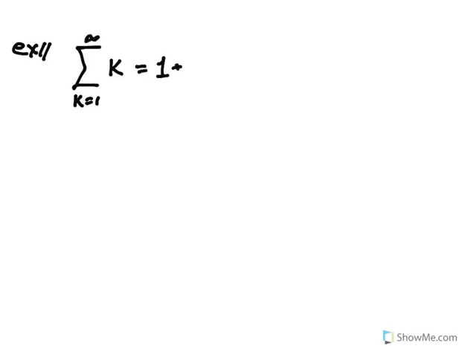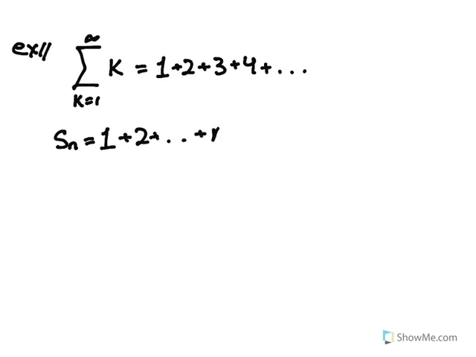So this is just 1 plus 2 plus 3 plus 4, and so on. In this case, the partial sum S_n is equal to the sum of 1 plus 2 all the way up to n, which, if you recall from the first assignment, or rather A0, is equal to n times n plus 1 over 2.